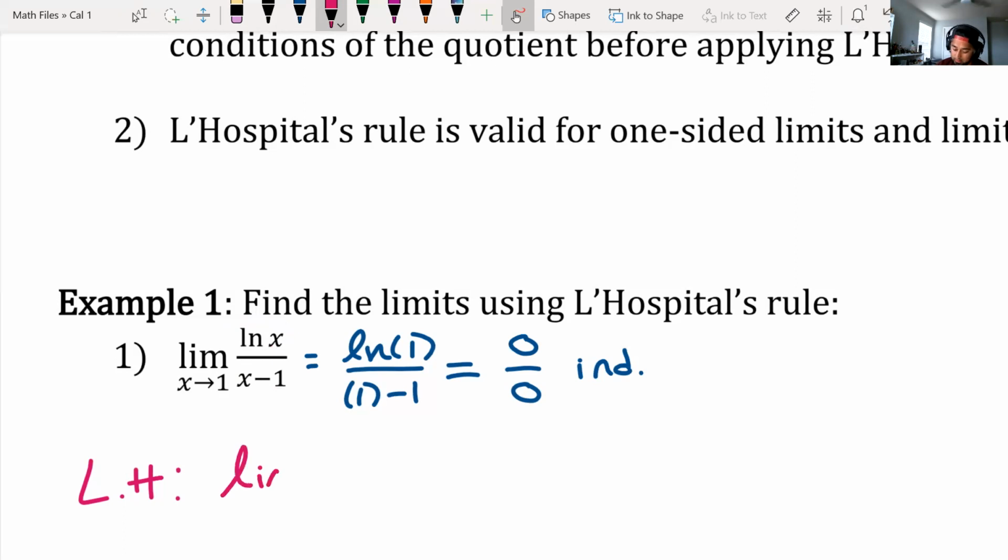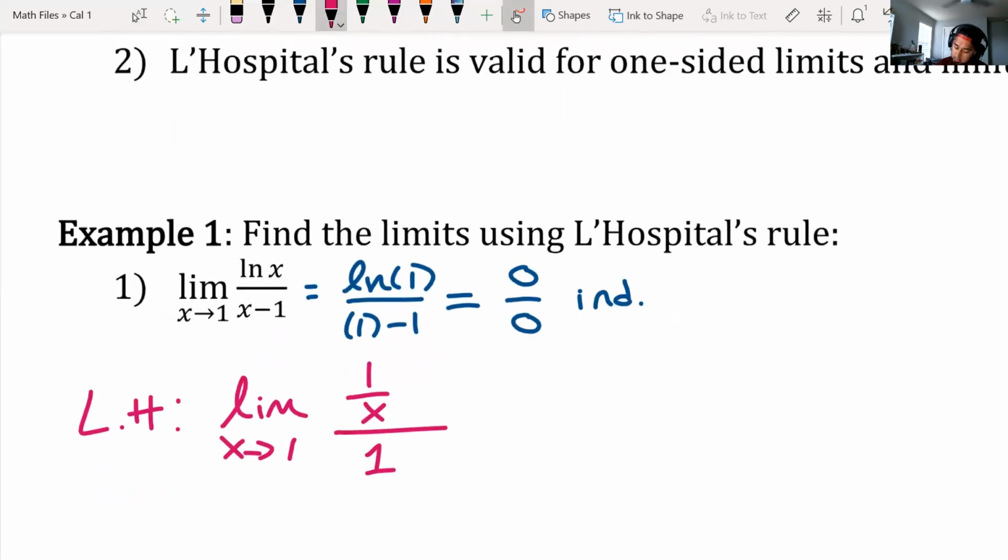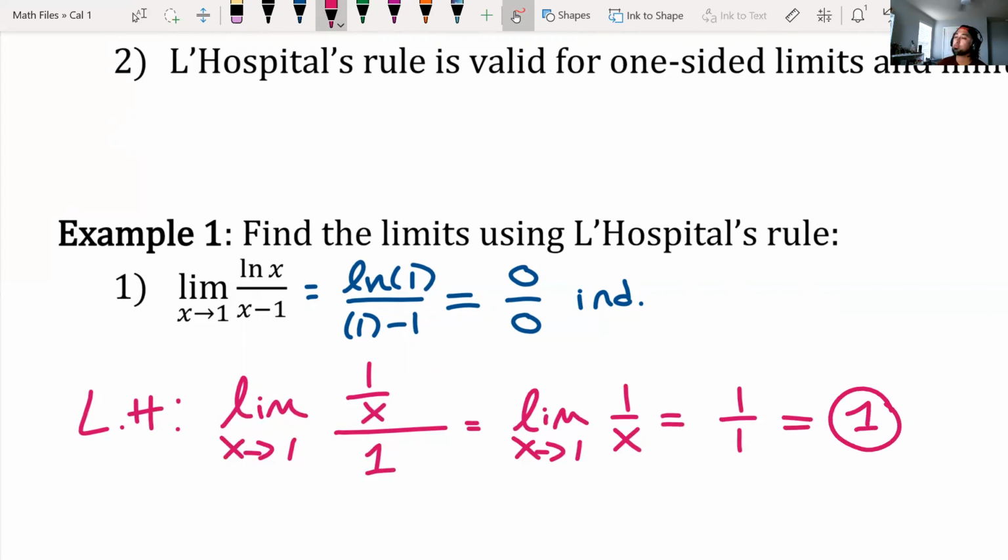So you'd get the limit as x approaches 1 of 1 over x over 1. And then clean it up. This would become the limit as x approaches 1 of 1 over x, where we now want to plug in 1 to see if everything works out okay. So here you'll get 1 over 1, which means our limit is just 1.